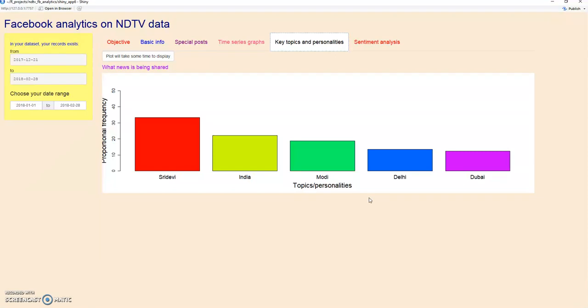What we do over here is we have used the Open NLP package and we have fetched the proper nouns to find out the most talked about topics.